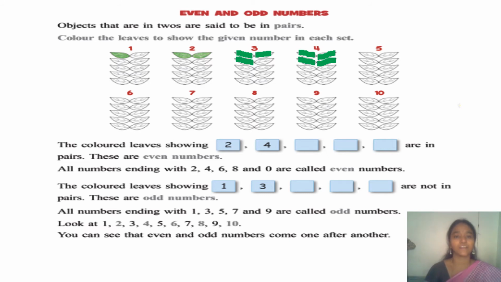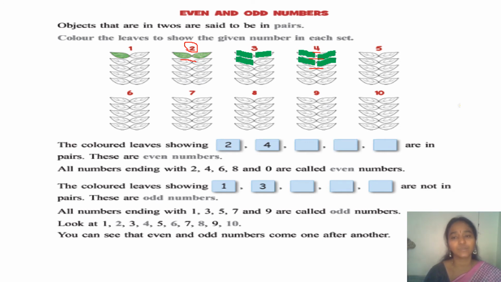After completing, what you will observe is that the colored leaves under 2, 4, all these will have pairs. Means see, this is one pair, this is 1 and 2 pairs, like that.